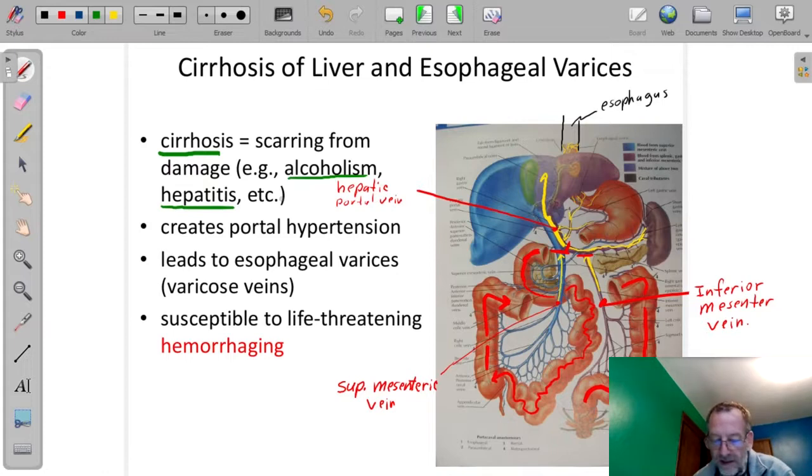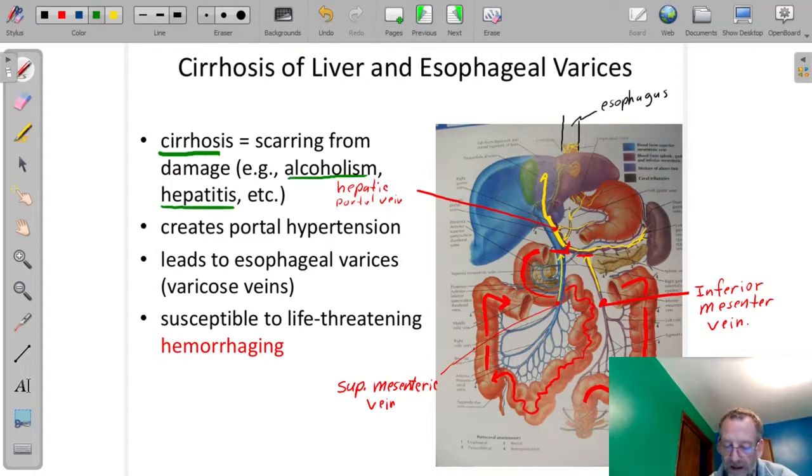If that happens and the blood flow through that liver becomes blocked, those little lobules that we looked at before are destroyed and replaced with either scarred tissue or fatty tissue, then you start to lose that functional capacity of the liver and the ability of the blood to flow through the liver and out of the liver back into the inferior vena cava.